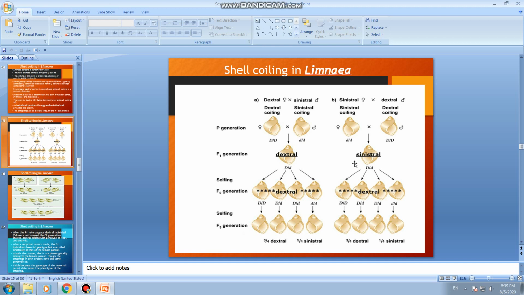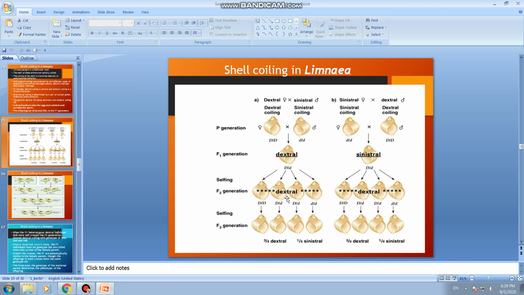So this is the reciprocal cross. Here the sinistral coiling snail, with the recessive genotype small d, is the female, and the dextral coiling snail with the genotype capital D is the male. In the F1 generation, all were sinistral, like the mother. When these sinistral F1 offspring are selfed, all in the F2 generation are dextral.